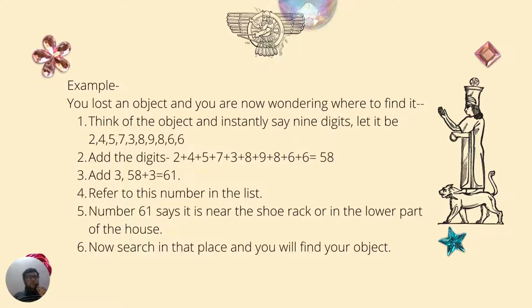Now you have to refer this number in the list, and the statement corresponding to the number 61 in the list is: it is near the shoe rack or in the lower part of the house. Lower part of the house is like the basement, or the lower floor, the ground. If there is no basement, then on the ground floor.